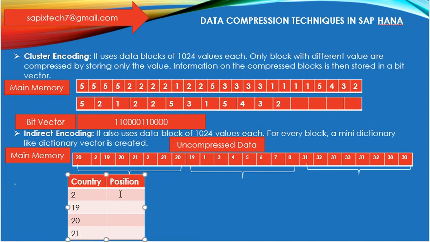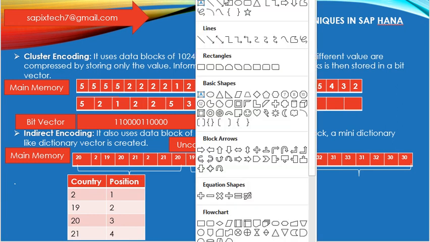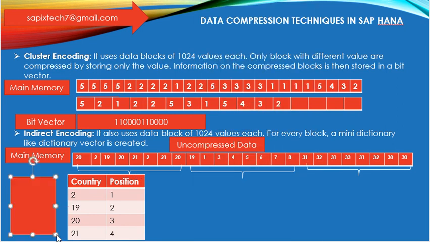After sorting, as I said earlier, the dictionary vector stores only identical data. So our identical data in this block is only 2, 19, 20, 21 in sorted order. So the position of 2 is 1, the position of 19 is 2 in the dictionary vector, the position of 20 is 3, and 21 is 4. So this is the dictionary vector.